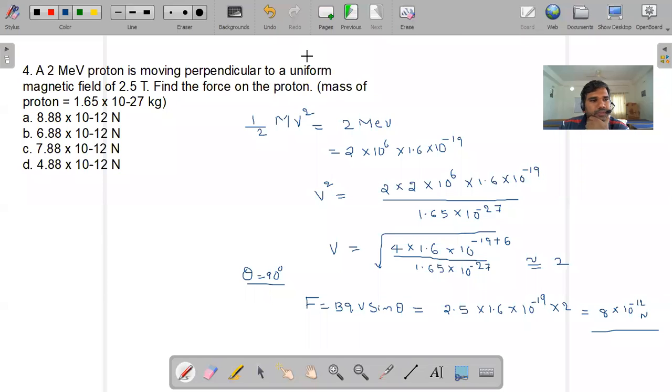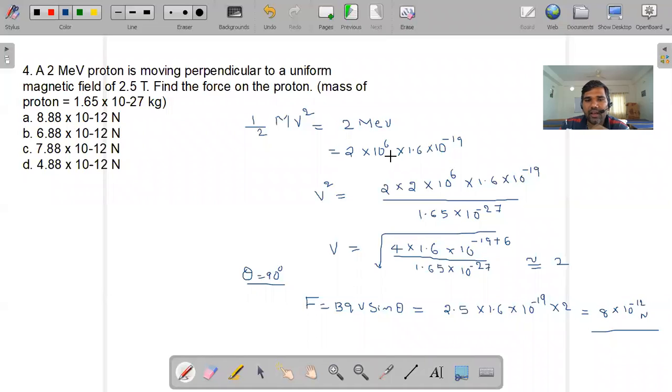Okay, this problem: a 2 mega electron volt proton is moving perpendicular to a uniform magnetic field of 2.5 Tesla. Find the force on the proton, and they have given the mass of the proton 1.65 into 10 power minus 27 kg. Now observe here, a 2 mega electron volt proton is moving, so it has kinetic energy. So half mv square, kinetic energy, is equal to 2 MeV.